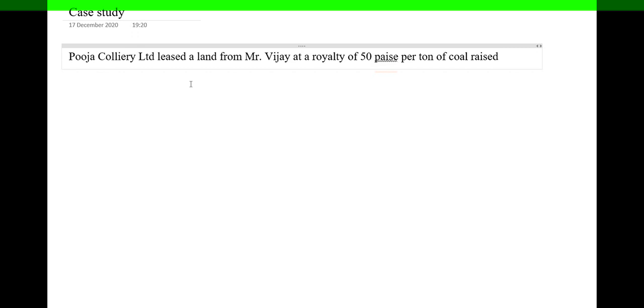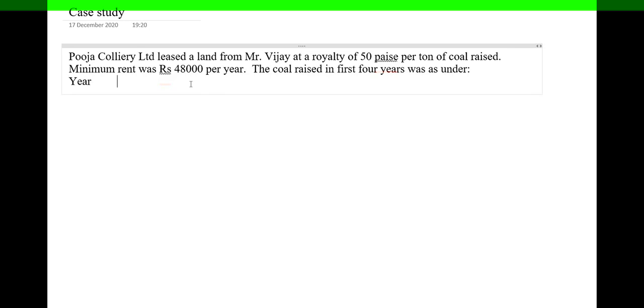The minimum rent was rupees 48,000 per year. The coal raised in the first 4 years was as under.